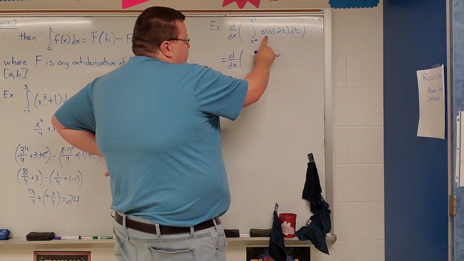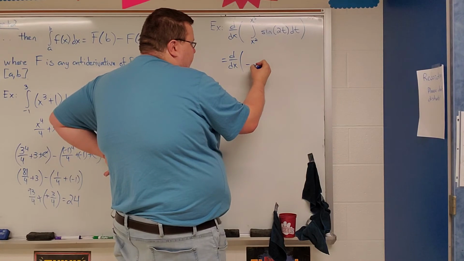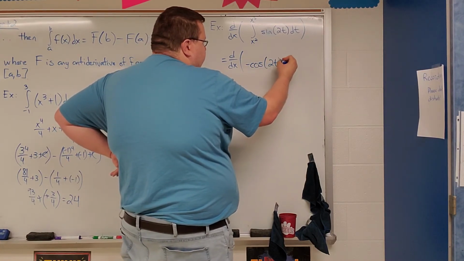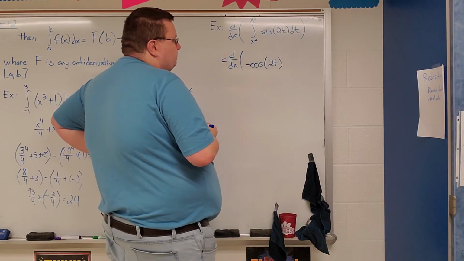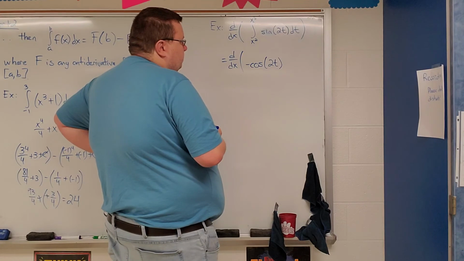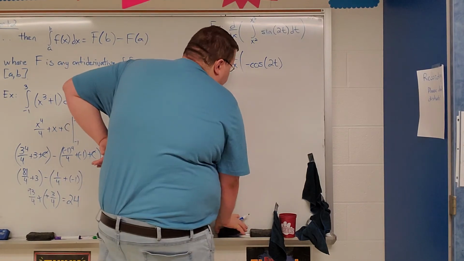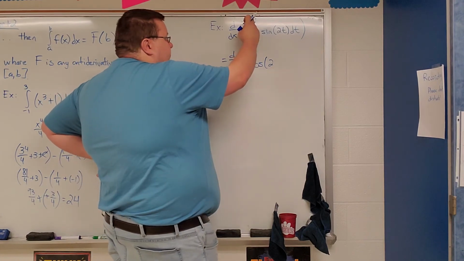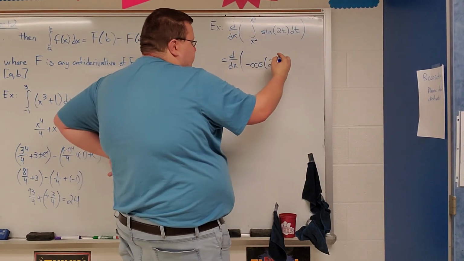We anti-derive sine, we get negative cosine of 2t, but instead of using t, we're going to plug in our top bound and our bottom bound and subtract.